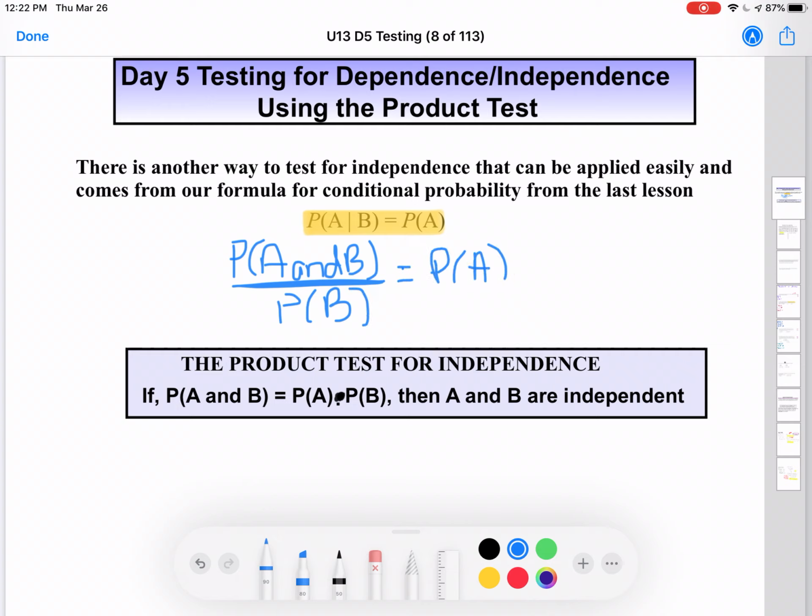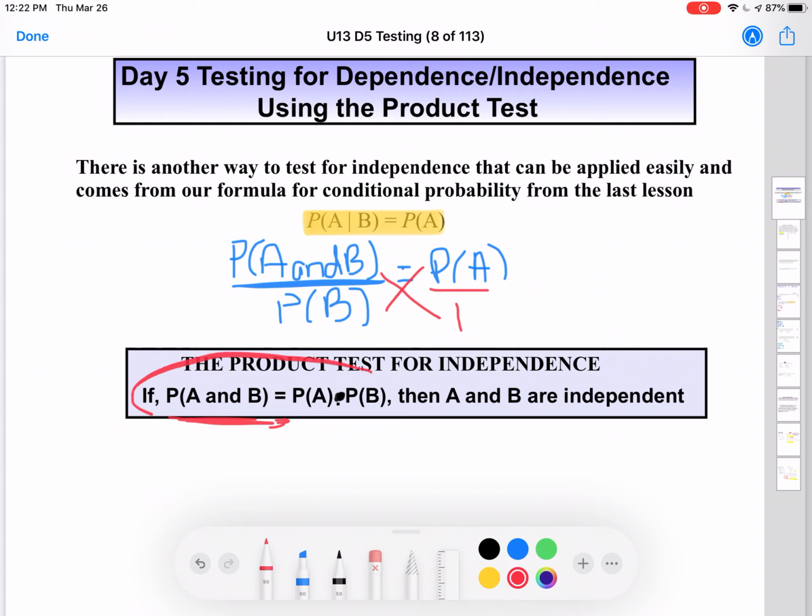Well, if I take that formula and I place this over 1 and I cross multiply, right, probability of A and B, and I set it equal to the product of the two, isn't that a true sentence? So here's where another test comes into play, and it's just an alternative that you can use to prove if something is independent or dependent.